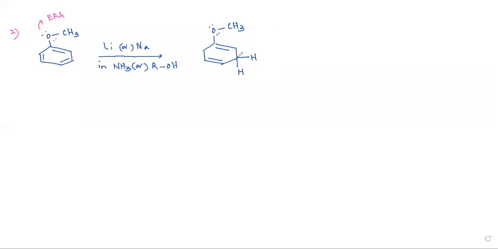Points to be noted. Meta has come into the picture. The second one, the pi bond is not withdrawn, pi bond is retained. So when there is a releasing group, the pi bond is generally retained. Let's see the mechanism.